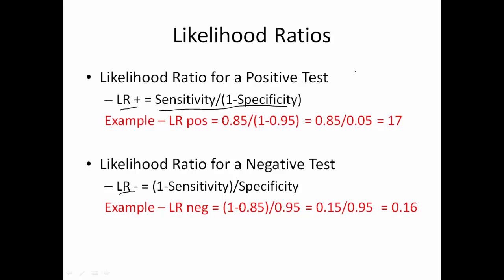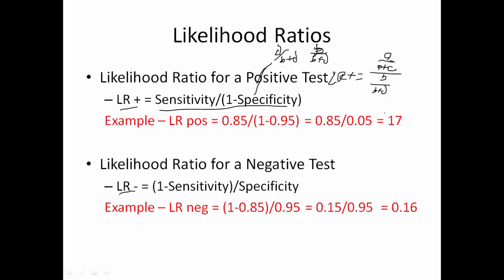The bigger equation for this likelihood ratio for positive test is sensitivity, which is A over A plus C, over 1 minus specificity. If specificity is D over B plus D, then 1 minus specificity is B over B plus D, right? Work that out in your head. So B over B plus D.